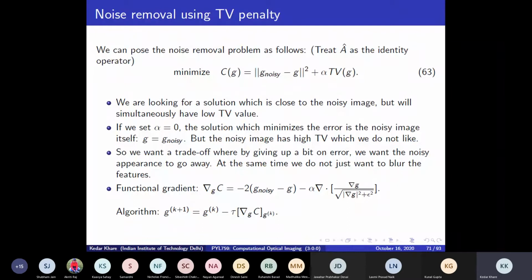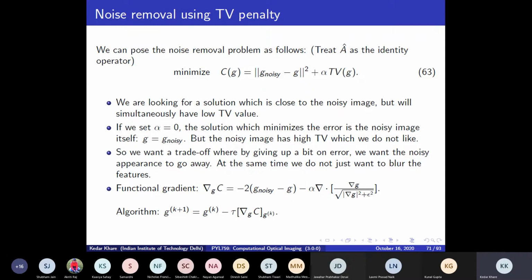And so we want to minimize C of G, which is G noisy minus G squared, plus alpha times TV of G. And then we are looking for a solution which is close to the noisy image, but will simultaneously have a low value of TV. And this is a bit of repetition. I covered this last time, but let us go over it again.